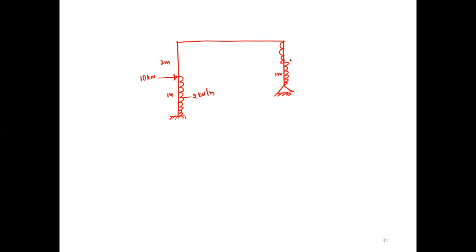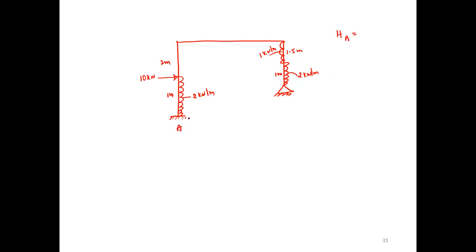This is 1 meter, this is 1.5 meter, this is 1 kilonewton per meter, this is 2 kilonewton per meter. Now tell me what is the sway condition. First, what is HA?